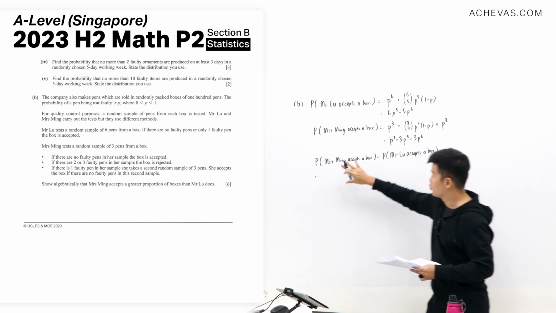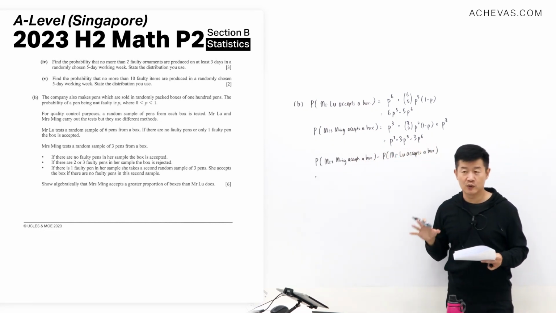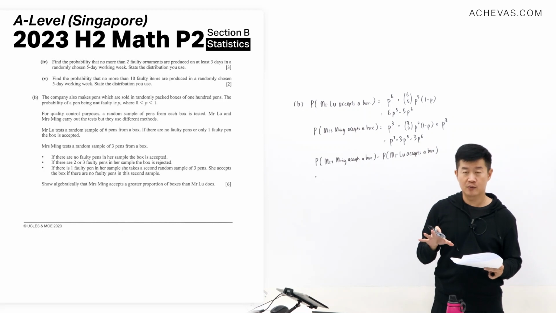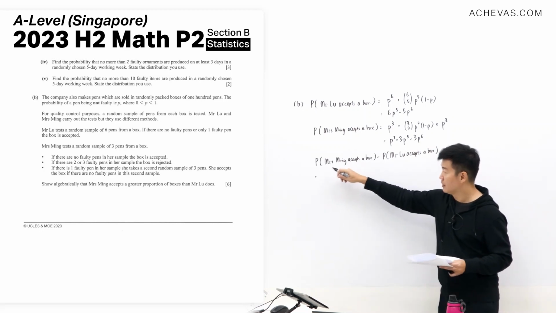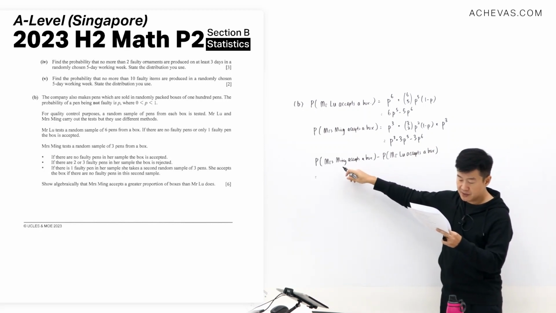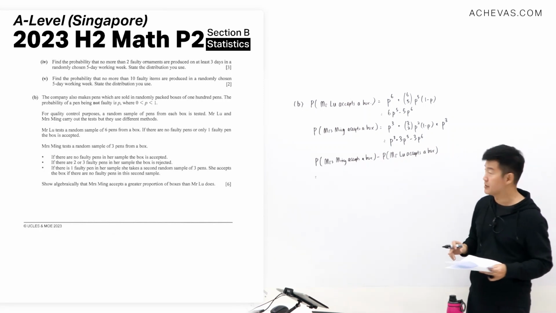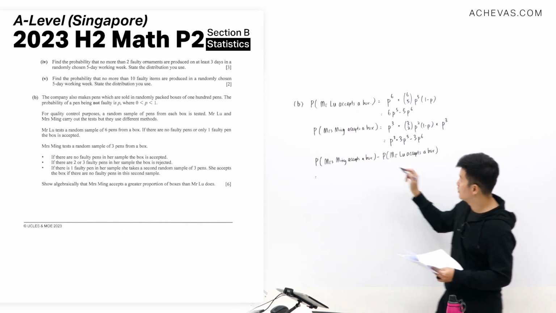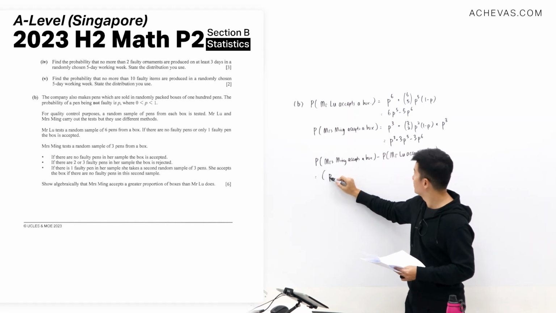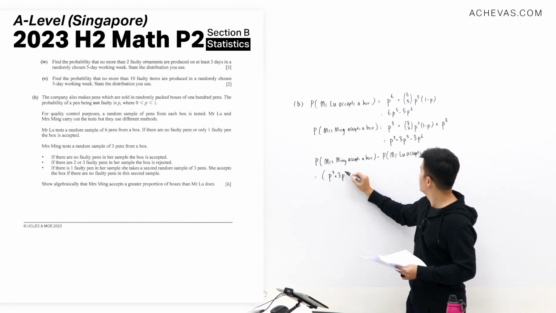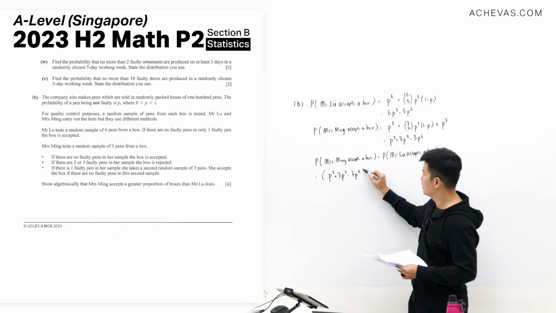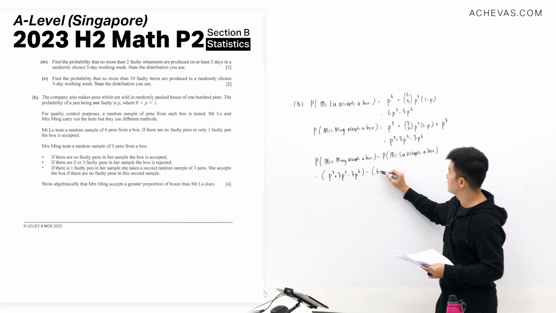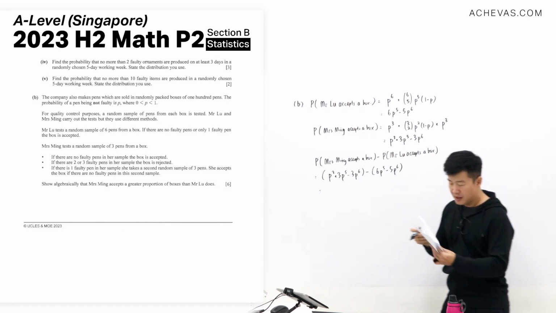My objective is to prove that this leads to a positive value, because if it is positive, then the proportion of Mrs. Ming accepting the boxes will be greater than the proportion for Mr. Lu accepting the boxes. So let's try to prove that this is positive, which requires me to take P to the power of 3 plus 3P to the power of 5 minus 3P to the power of 6, minus away 6P to the power of 5 minus 5P to the power of 6.